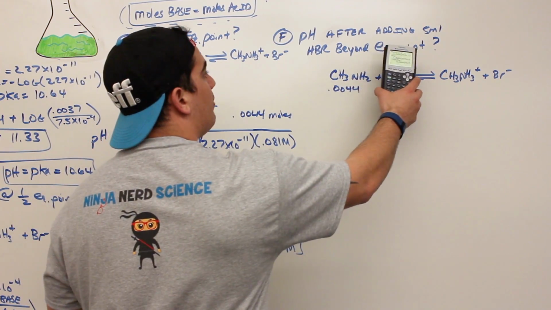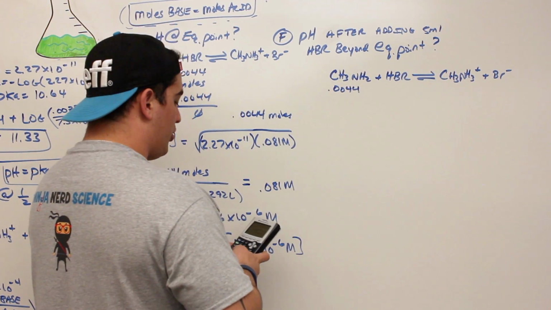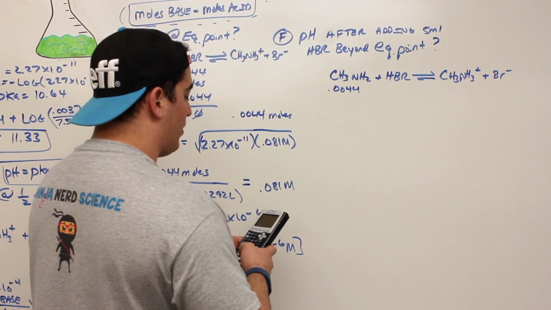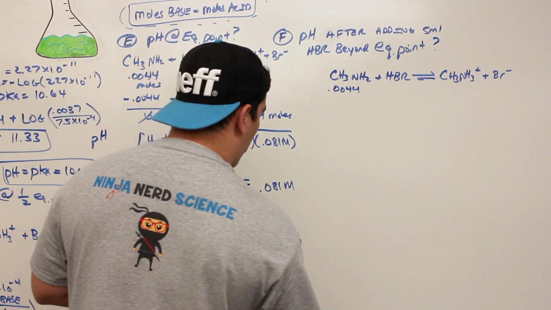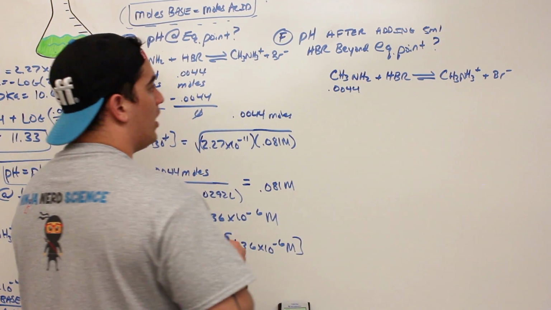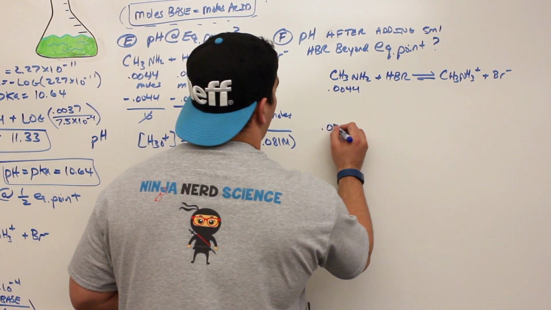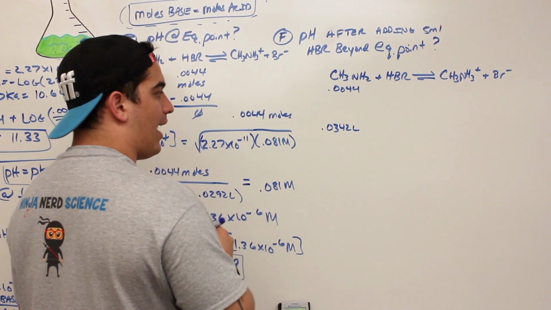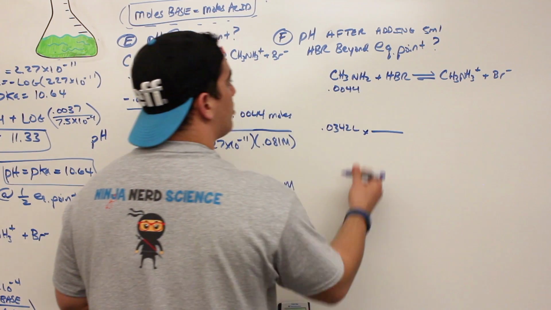But then we added 5 mils beyond the equivalence point. So that means it was 29.2 plus an extra 5 milliliters. That's 34.2 milliliters. So in other words, I have to take 0.0342 liters, because all I did is just divide 34.2 by 1,000, and multiply it by its molarity.